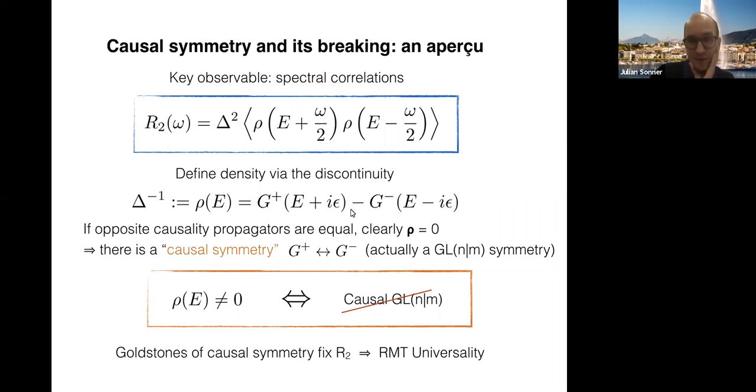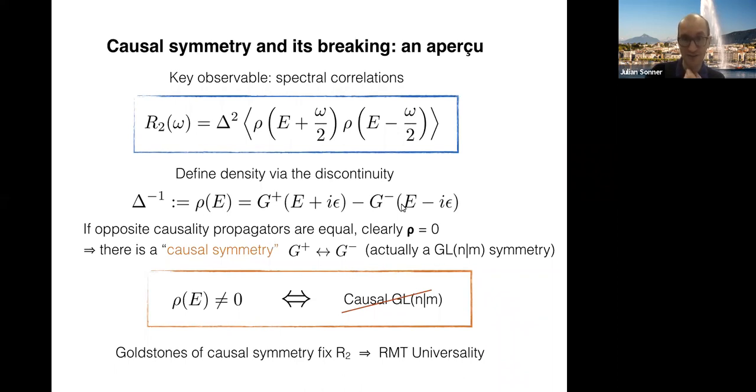If it is equal to 0, then there is a symmetry which connects advanced degrees of freedom and retarded degrees of freedom. I will have to introduce to you exactly what I mean by these degrees of freedom, but for now let's just say there are some degrees of freedom which parameterize all the retarded sector of the theory and some only the advanced sector. And this turns out to be, in our formulation, a graded symmetry group, which is a continuous graded symmetry group.